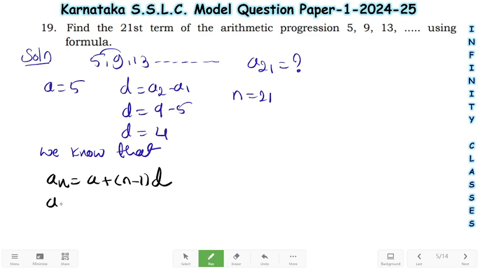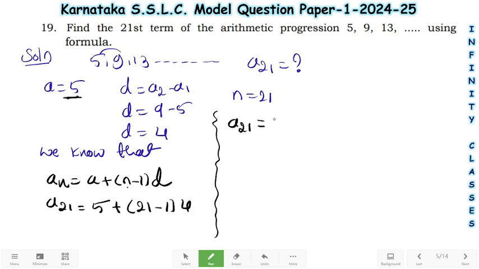N means 21. A means here 5. In the place of A write the value 5. N means 21 minus 1. D means 4. So further I am writing here, A21 is equal to 5 as it is, plus 21 minus 1 is 20, into 4.